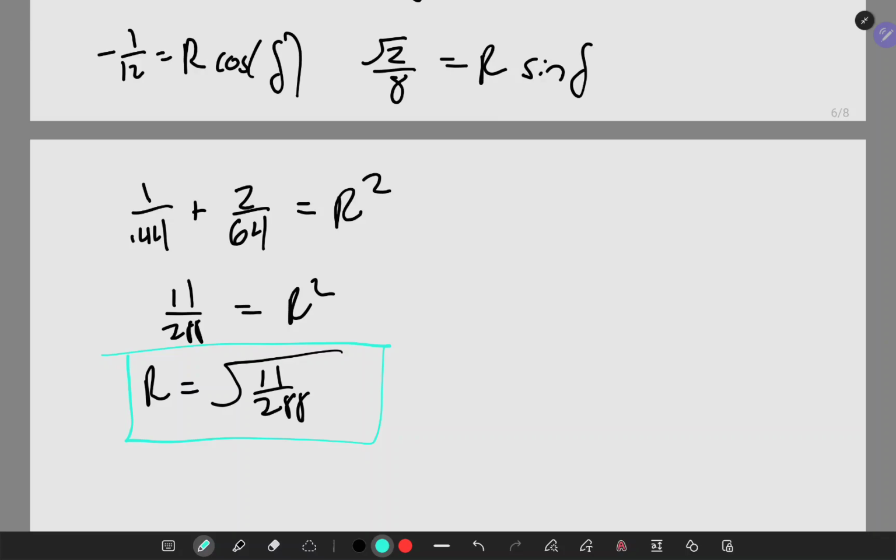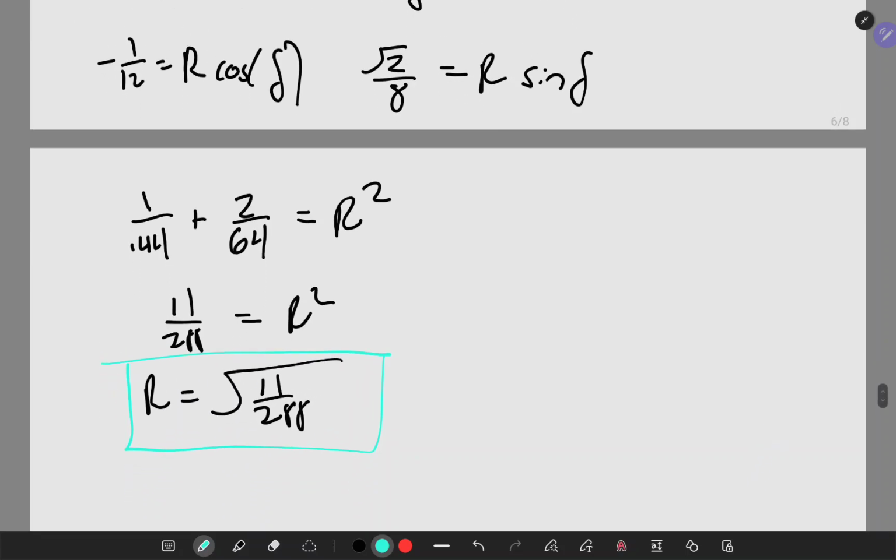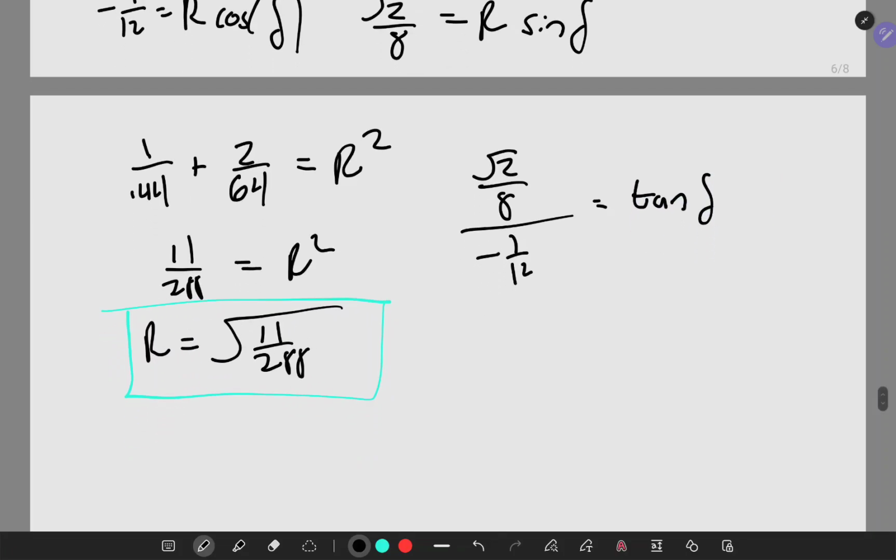Now, we have one thing left, our phase, right? So now we're going to do the division thing, where we're going to have sine over cosine. That becomes tangent, right? So this would be negative, what's 12 over 8? I don't know why I can't do that in my head. I'm tired right now. 12 over 8.